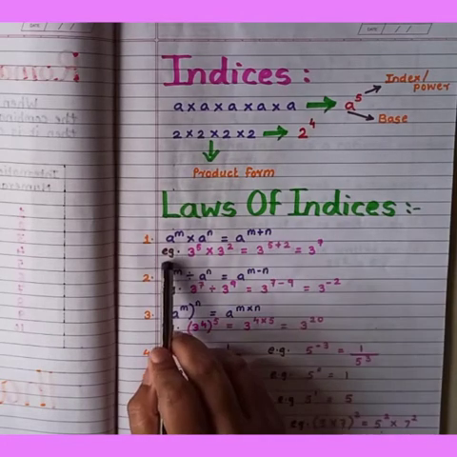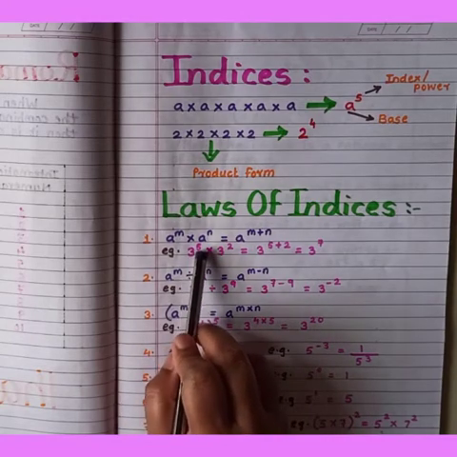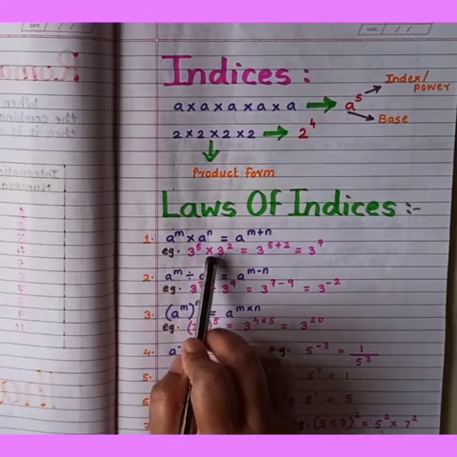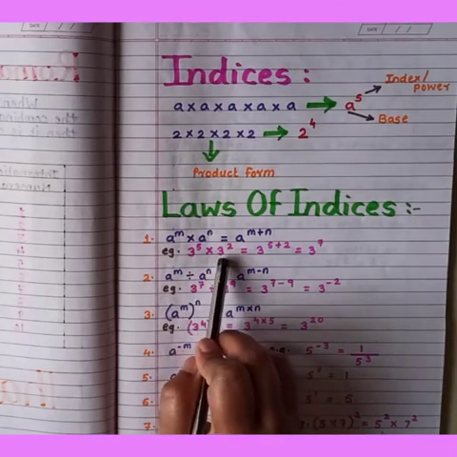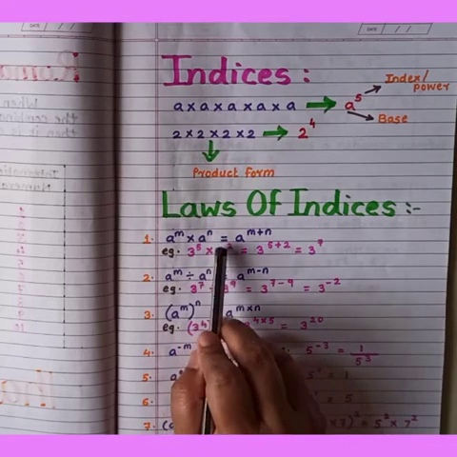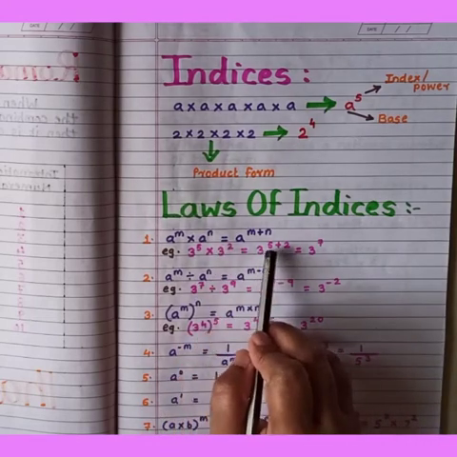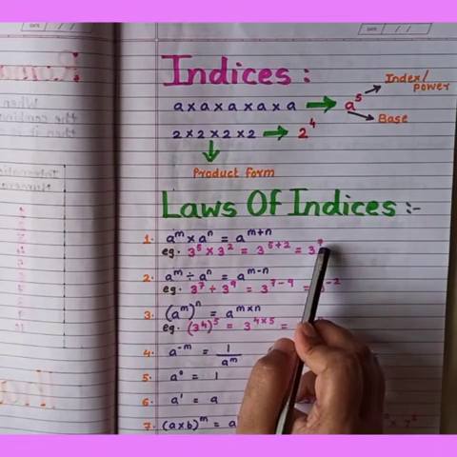Now let us see an example: 3 raised to 5 multiplied by 3 raised to 2. Here the base is the same, which is 3, and it is multiplication. Hence we add the powers. So 3 raised to 5 plus 2, which is 3 raised to 7.